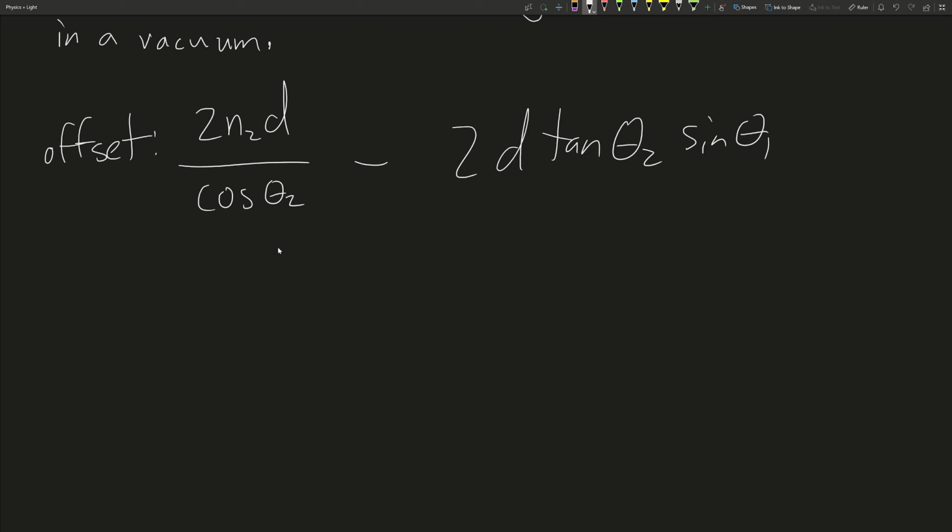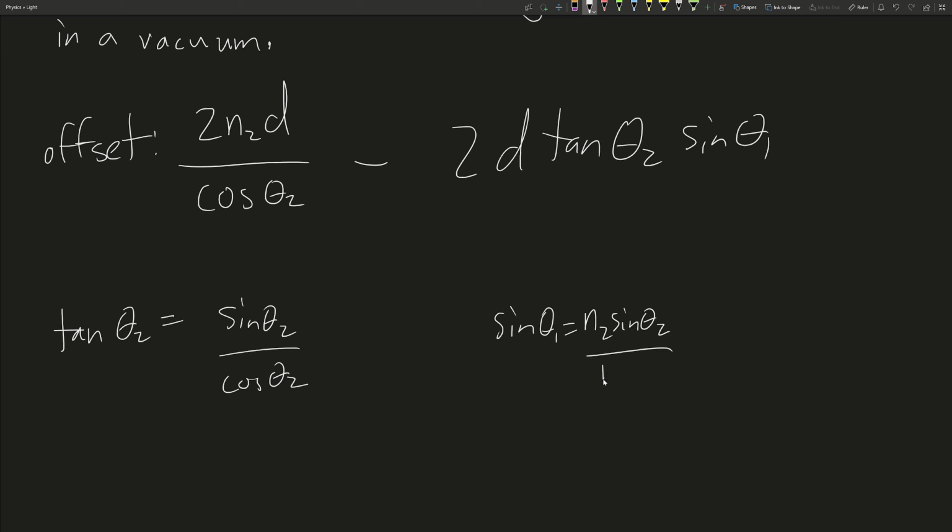Now we can make a few substitutions here. tan theta 2 is just equal to sine theta 2 divided by cosine theta 2. And sine theta 1 is equal to n2 sine theta 2 over n1 by Snell's law. However, since n1 is basically equal to 1 for air, this is just equal to n2 sine theta 2.